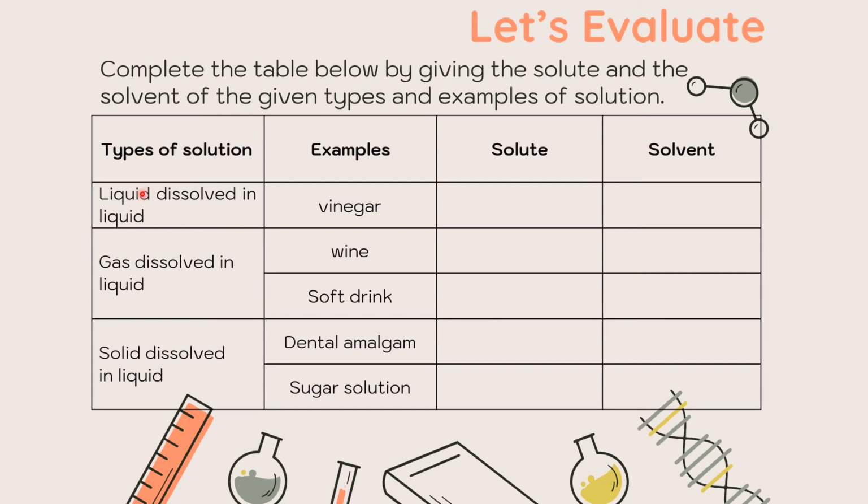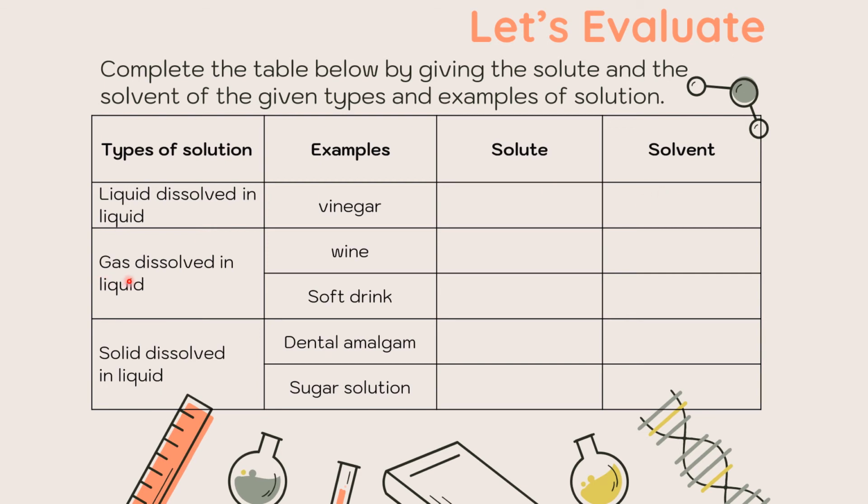So on our first type of solution, we have liquid dissolved in gas. What are the components of the vinegar that are solute and solvent? You're just going to give me one solute and one solvent.